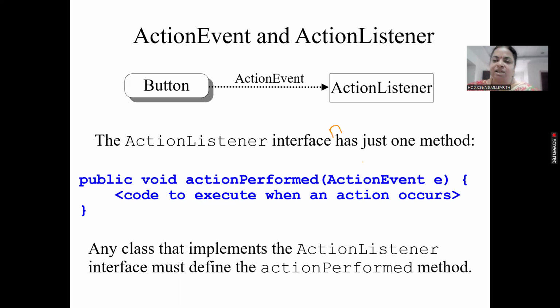And once the event object is created, it calls the event related listener and the method of the listener. So this is our event related execution.